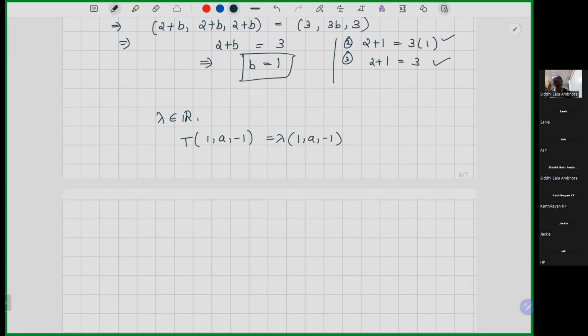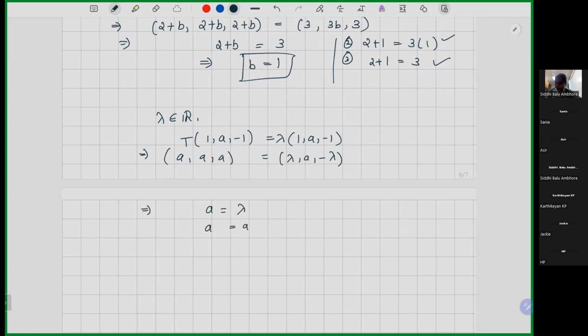I don't know the value of lambda, but they have given that it is an eigenvector, so we can assume it with respect to some lambda. From this also I will get a, a is equal to lambda, a comma lambda a comma minus lambda. So this will give me a is equal to lambda.